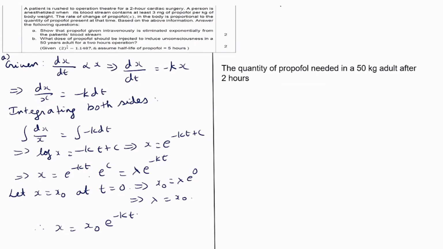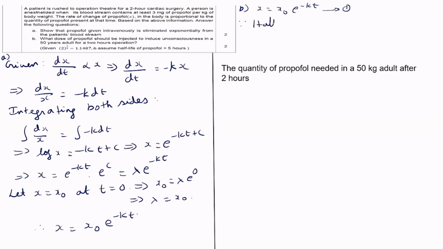Now moving on to the second subdivision, B. First let us write the model here. x is equal to x naught into e raised to minus kt. Here it is given that the half-life of propofol is 5 hours. Half-life of propofol is 5 hours means when t is equal to 5, x will be x naught by 2.